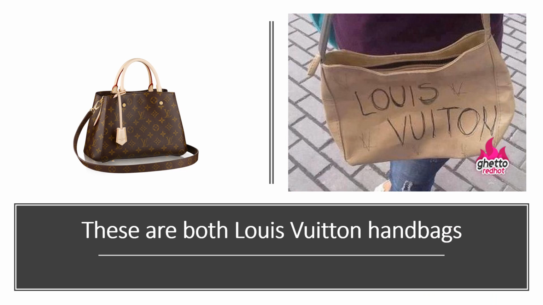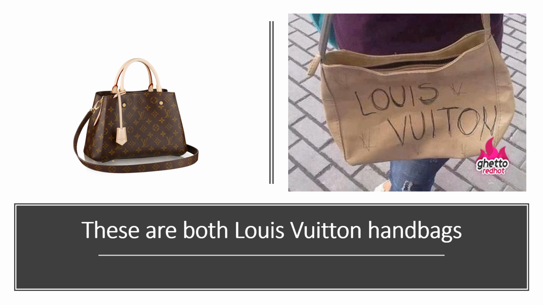Let's have a look at an example of this. These are two Louis Vuitton handbags. Now, of course, the one on your left is a real Louis Vuitton handbag, and the one on the right is a Louis Vuitton handbag that someone's created themselves. Now, they both do the same thing. They both hold stuff. They both hold your purse, your sunglasses, your phone, whatever.